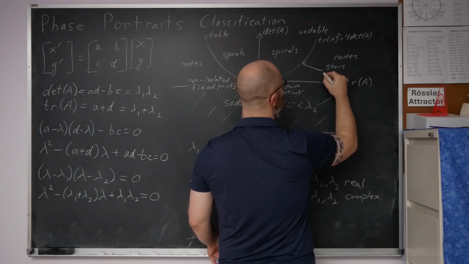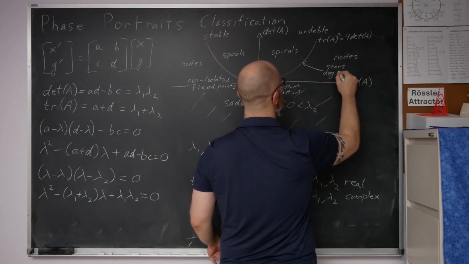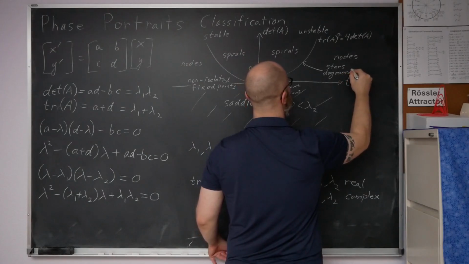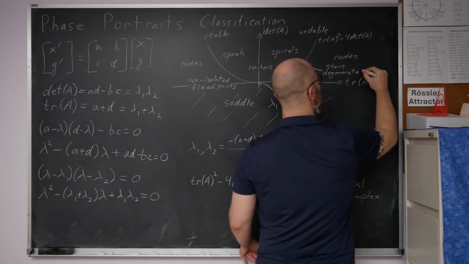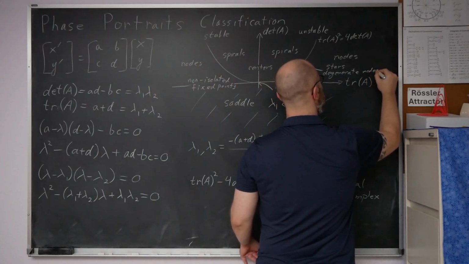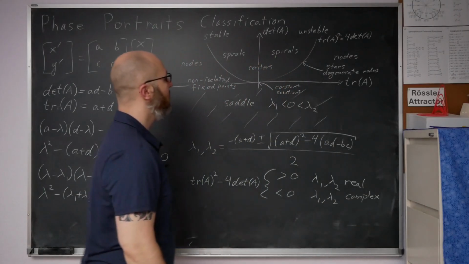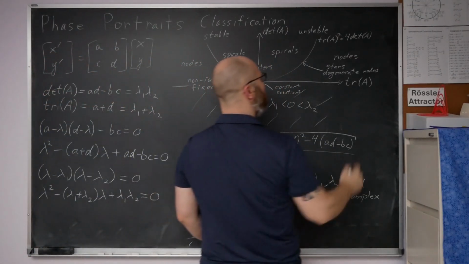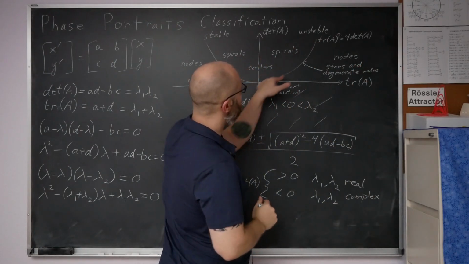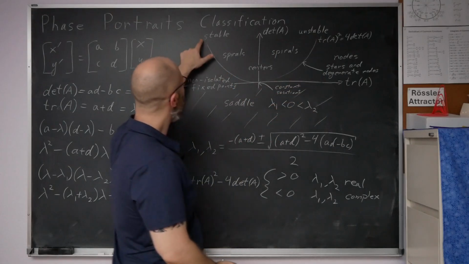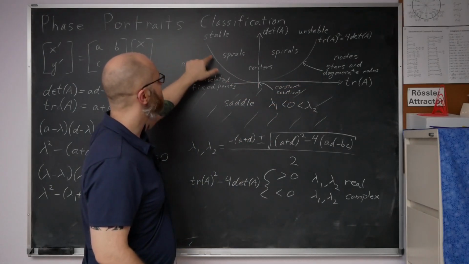And it turns out we're also going to have degenerate nodes. Those also have an eigenvalue with multiplicity 2. And I'll put an "and," why not? This half of the parabola is unstable stars, unstable degenerate nodes. This half of the parabola is stable stars, stable degenerate nodes.